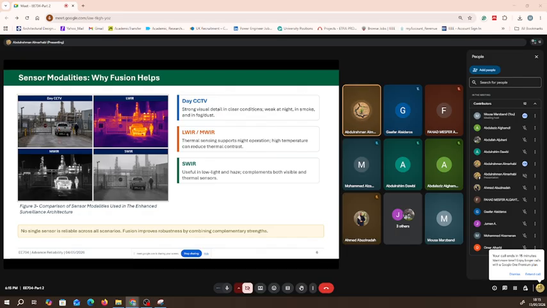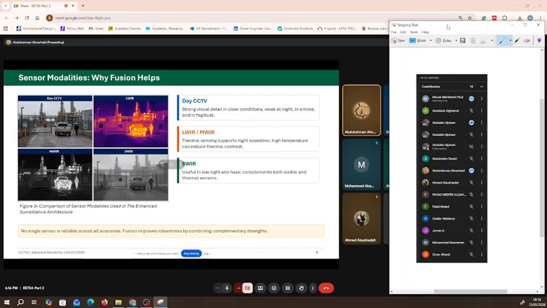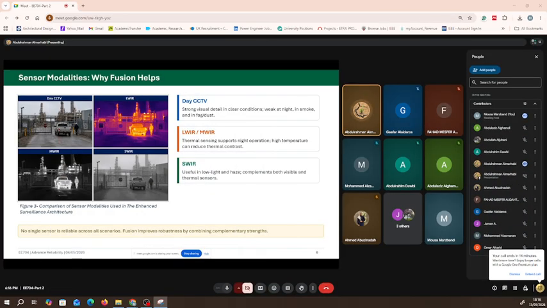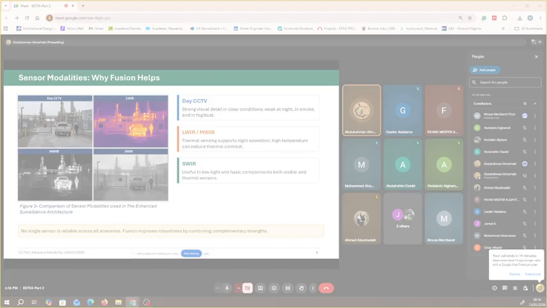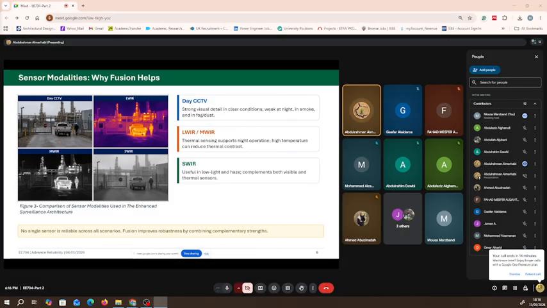In this slide, I will explain why multi-sensor setups improve reliability. The day camera provides good visual detail under clear conditions, but it is weak at night and in smoke or fog. L-Ware and M-Ware are infrared thermal sensors. They are useful at night because they don't depend on visible light. However, in high temperature environments their performance can decrease because the thermal contrast becomes weaker.